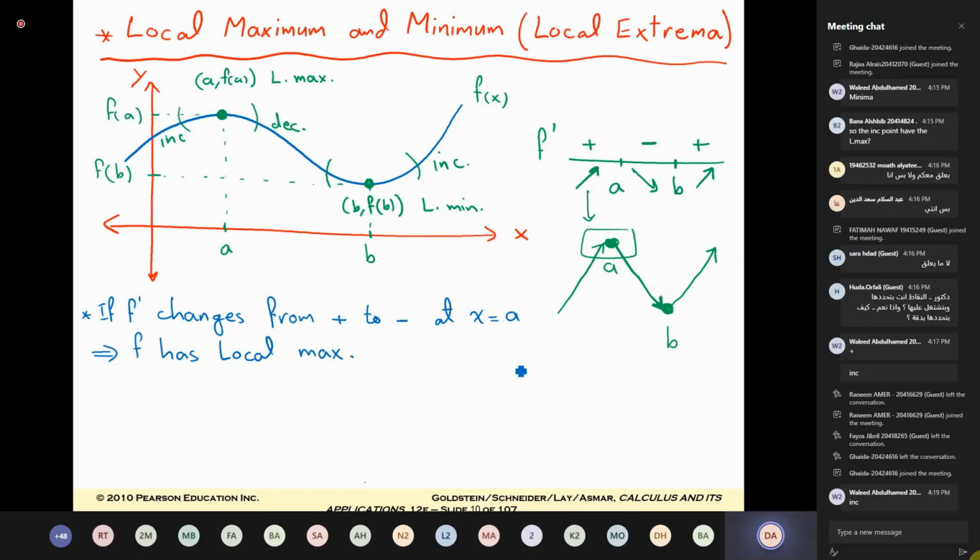What's the value of the local maximum? A and f(A) is the point, and the local maximum value is f(A).